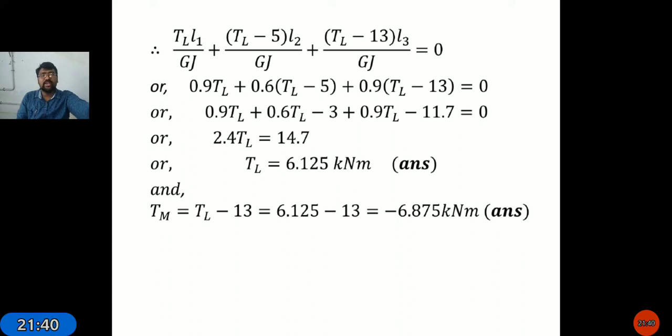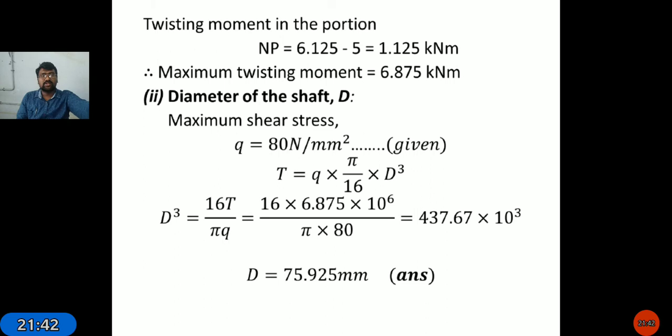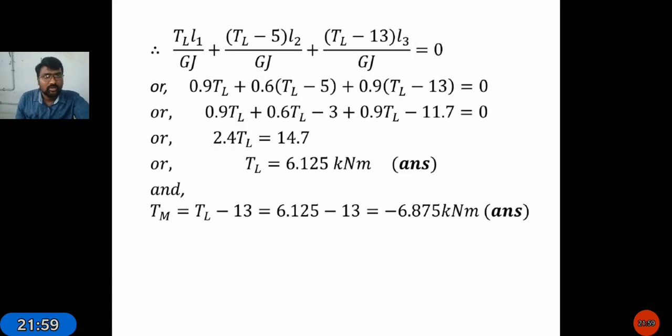This is also known as end couples. Next, twisting moment in the portion NB is equal to 6.125 minus 5, that is 1.125 kilonewton meter. Therefore, the magnitude of twisting moment is 6.875.